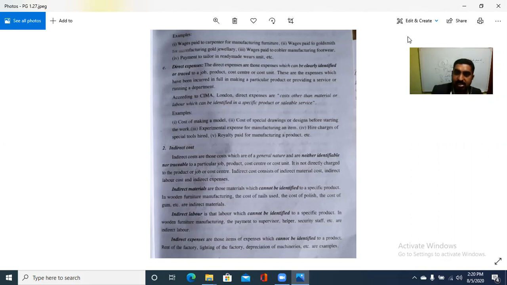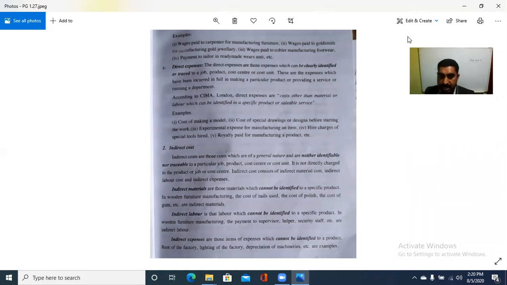So direct cost means that can be traceable or identifiable. Indirect means it cannot be identifiable or traceable. It is not directly charged to the product or job or cost center.